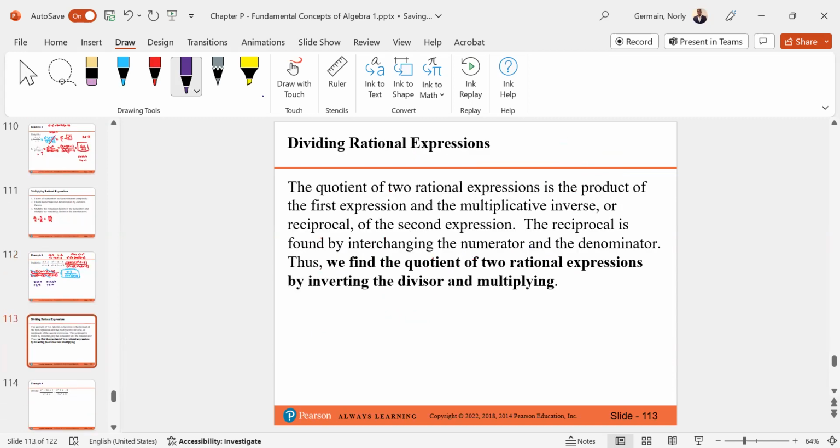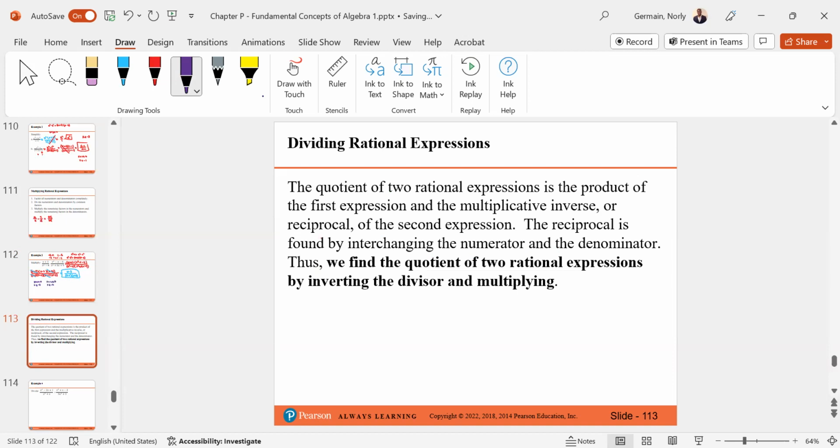How about for division? The quotient of two rational expressions is the product of the first expression and the multiplicative inverse, or reciprocal, of the second expression.